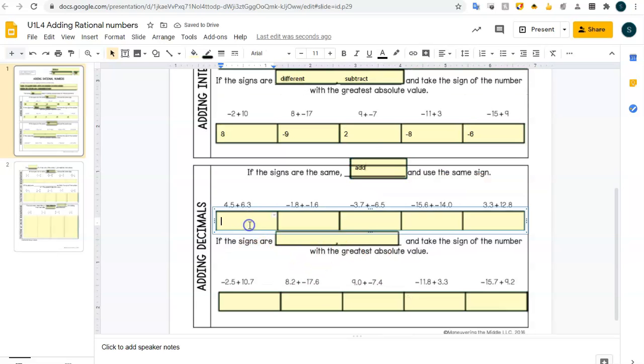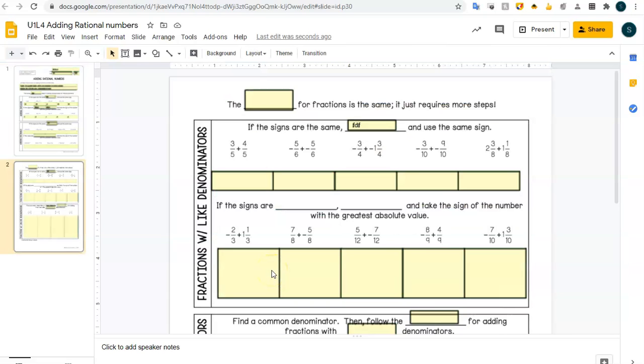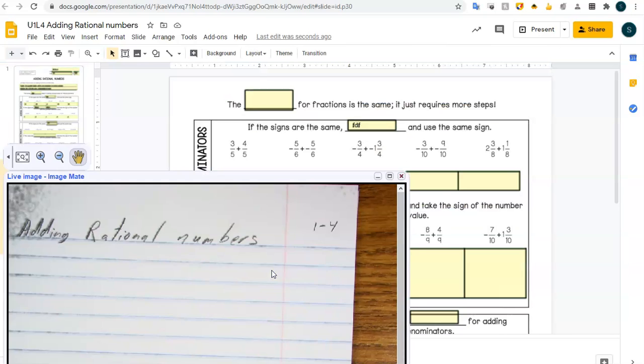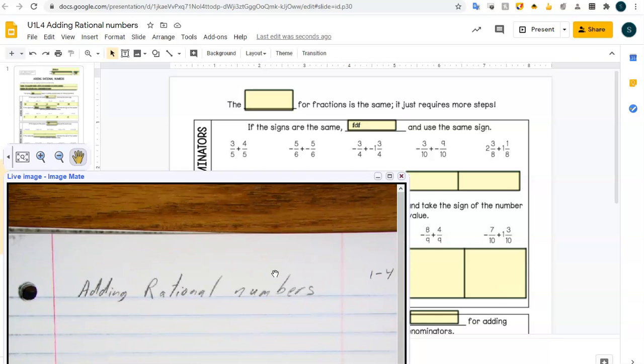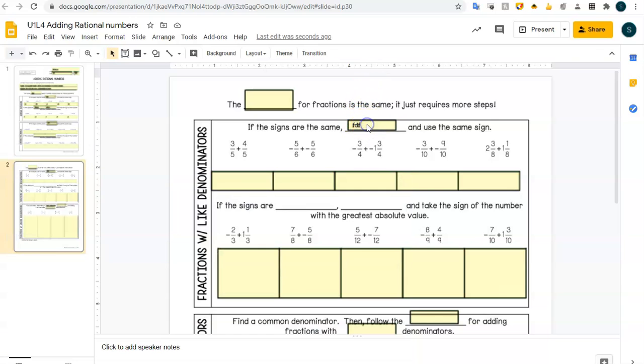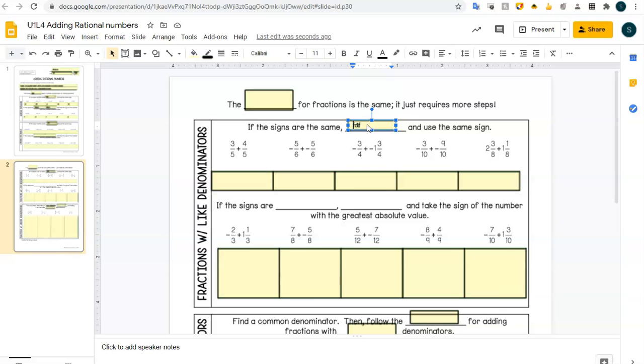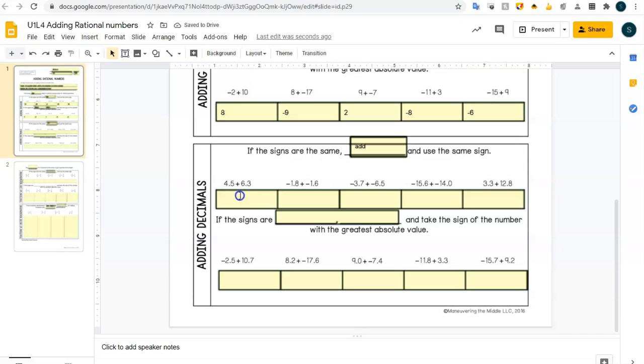So let's go ahead and do this. Well, this is just the decimals, but everything is still the same. It would be nice to line this one up vertically. So I'm going to go ahead and move this over so I can show you that part of the screen. There it is. Oh, I got to page 2. There we are.